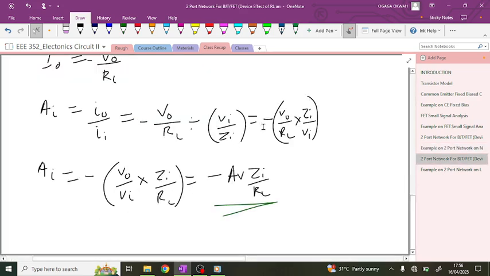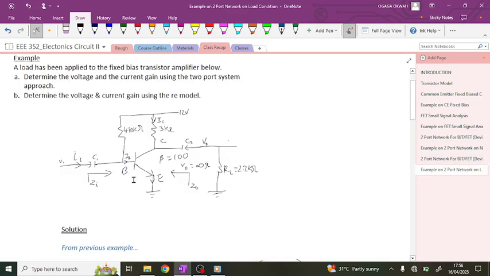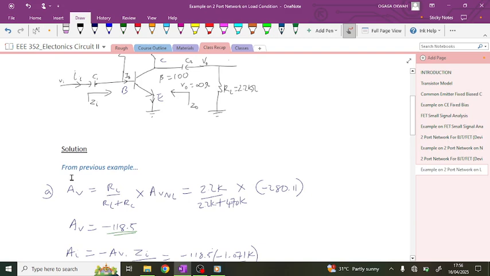This example is the same thing but there is a load. So for the solution, all those calculations for IE, IB, RE are the same as in the previous example, so I'm not going to repeat them in this video. The difference is that we are having a load.